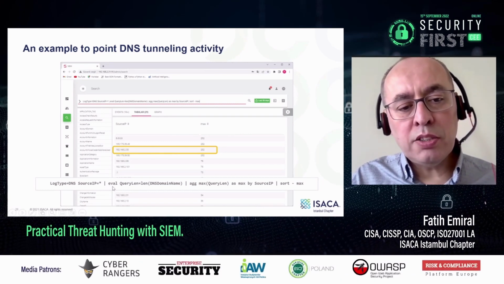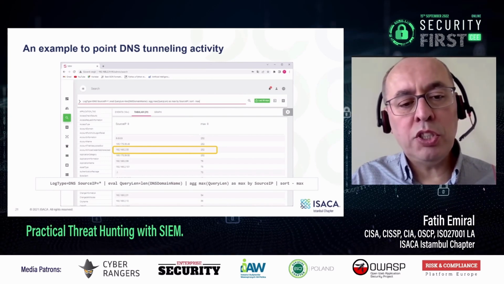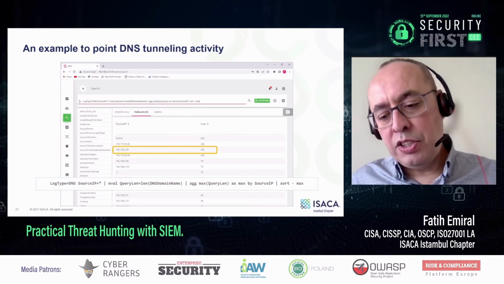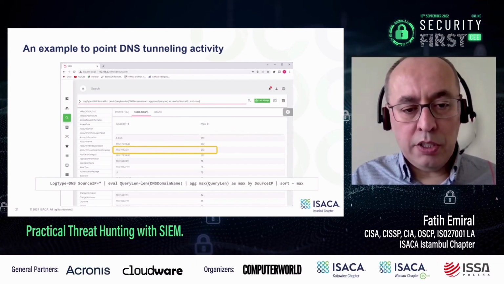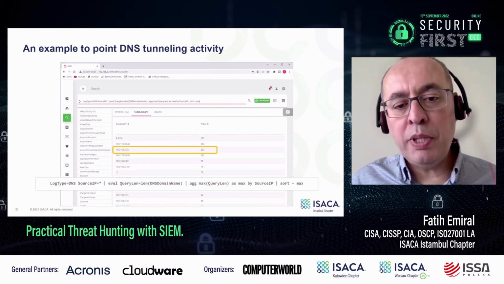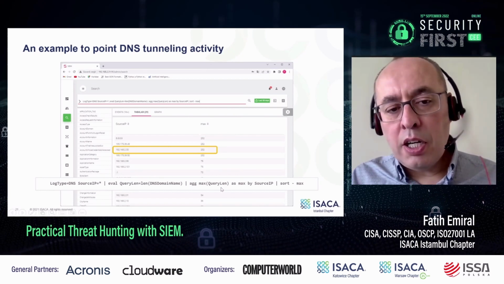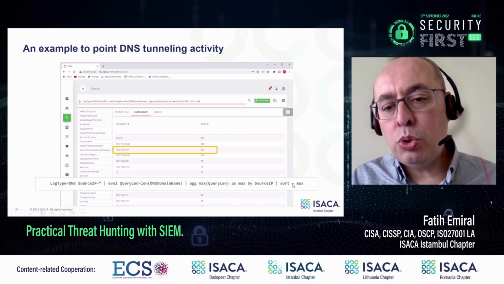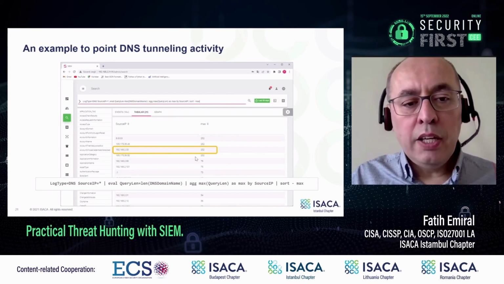I'm using another specific statement available to me, which is eval, which is basically creating new fields from the existing fields. Here I'm trying to figure out the length of the domain names requested, and I'm taking the maximum query length from each source IP and sorting them in descending order.